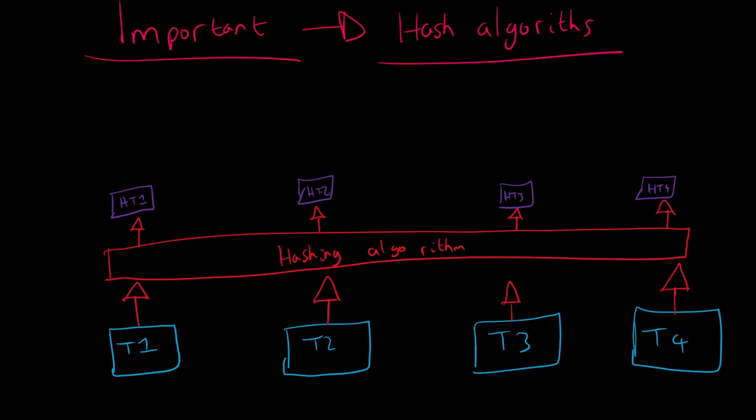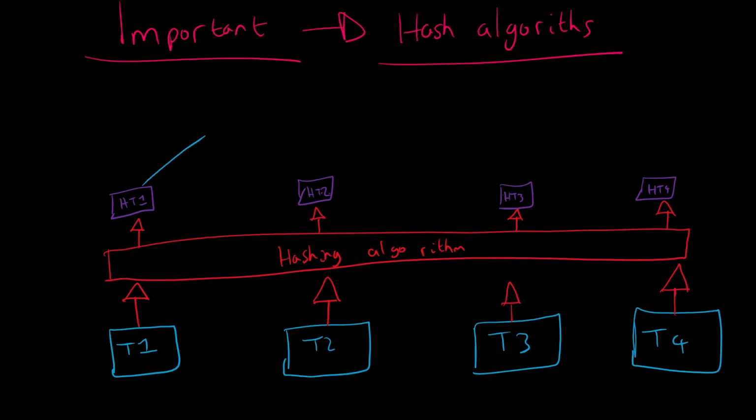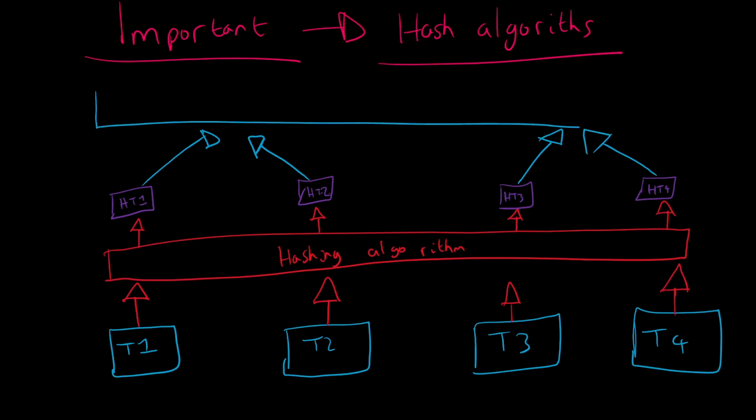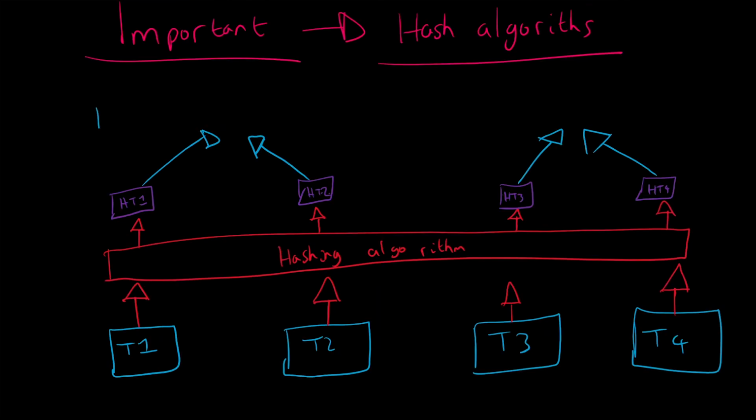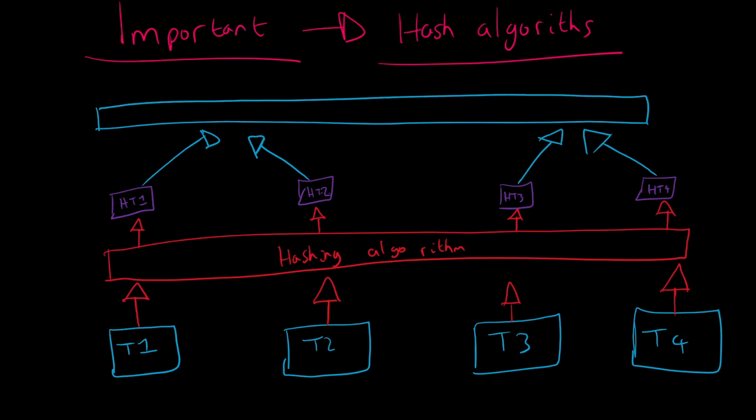So what you get now is these are combined together, and the combination of these is fed through the hashing algorithm again.